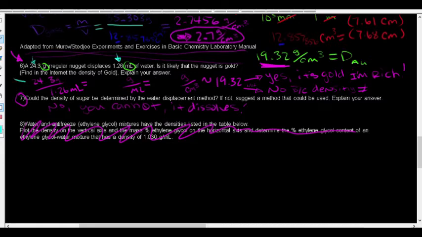So you're going to do this part right here. 24.3 grams over 1.26 milliliters equals some number grams per milliliter, which you know is equivalent to some number of grams per centimeters cubed. When I went online, this number right here is what I found. 19.32 grams per centimeters cubed. That's the density of gold. Au is the atomic symbol for gold, in case you didn't know.